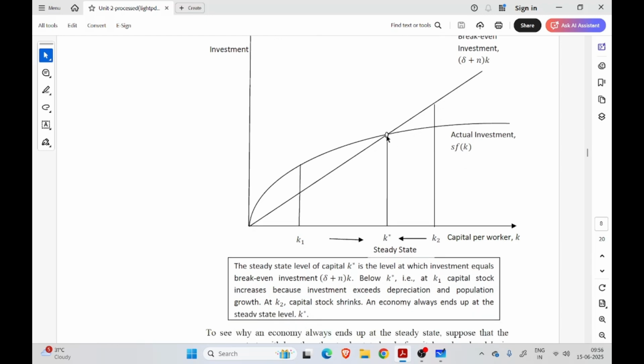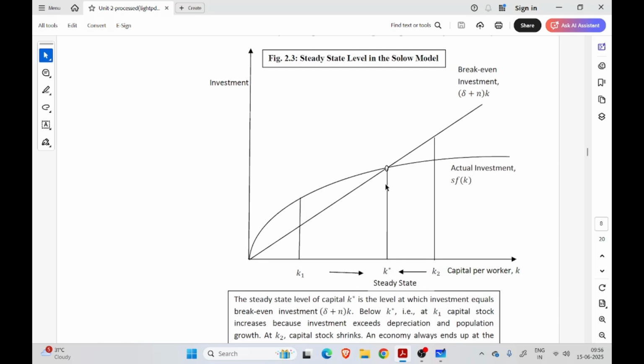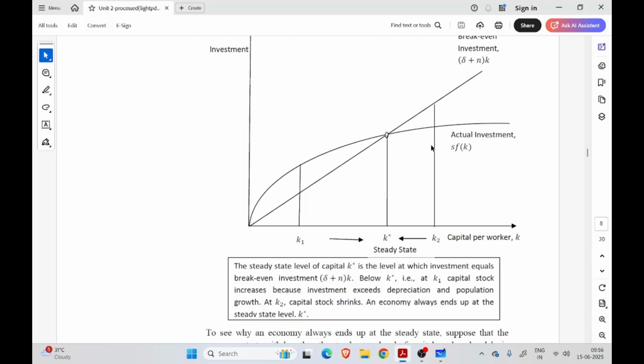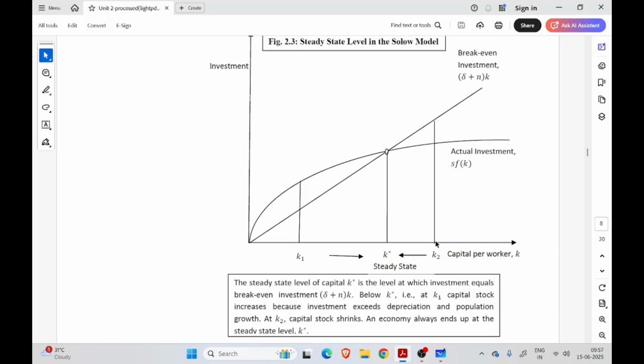Now, the reason this is called steady state is because suppose it goes beyond K star and goes to K2. At K2 our actual investment is less than the break-even investment, so capital stock shrinks.